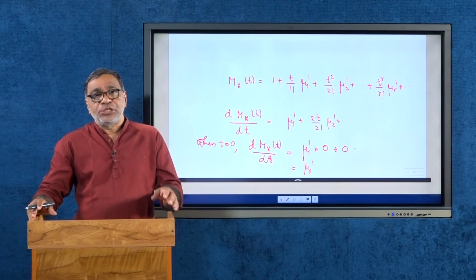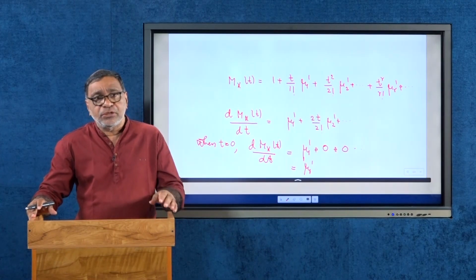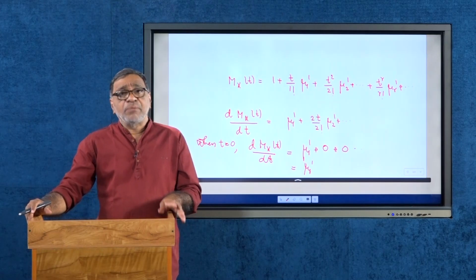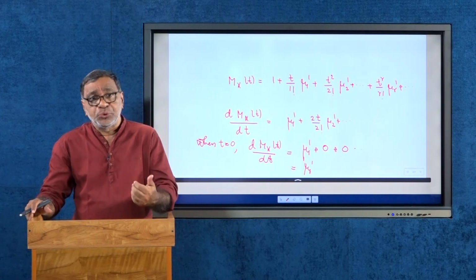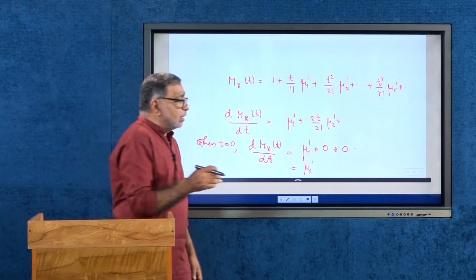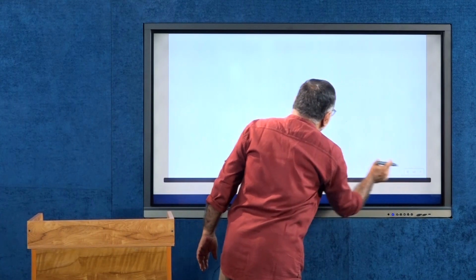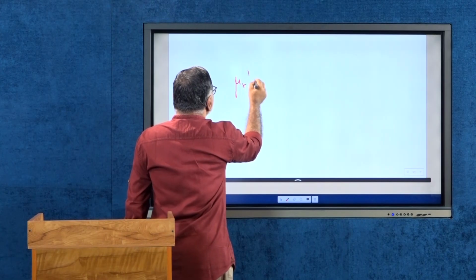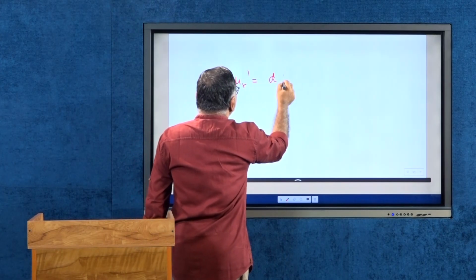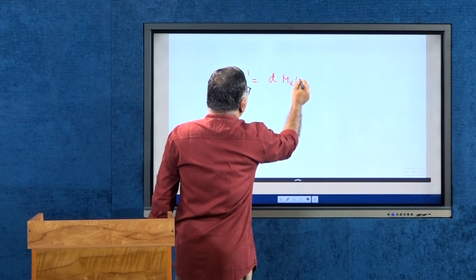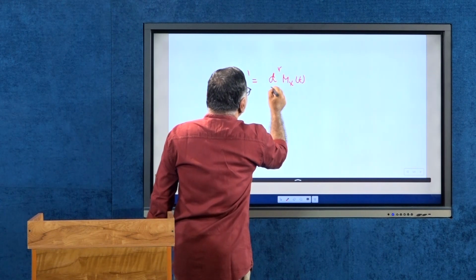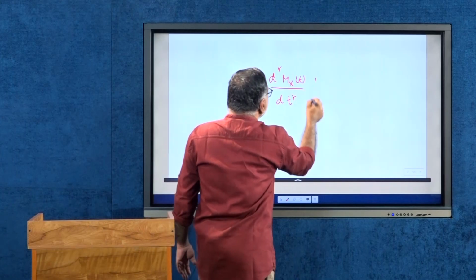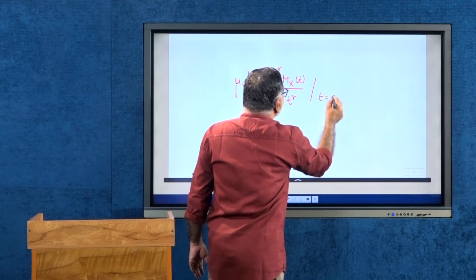Continuing this procedure, you differentiate the moment generating function 2 times, that is, find the second derivative, and put t equal to 0, you will get mu 2 dash, or generally mu r dash is nothing but the rth derivative of the moment generating function with respect to t when t is equal to 0.